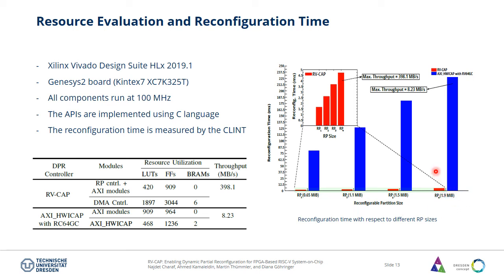Over all regions and partial bitstreams, we achieve a maximum throughput of 398.1 megabytes per second using the RVCap controller inside the SoC that I already mentioned in previous slides.